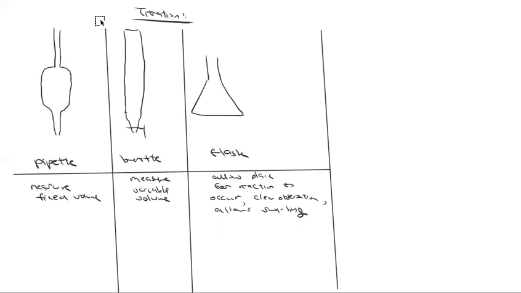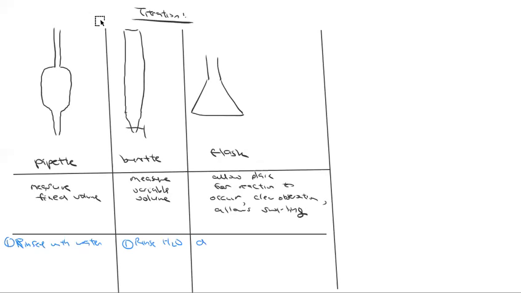Note that as far as your preparation procedures go, you will always rinse them with water first, all of them. I'll write it out on the flask, and I'll just write water for the others. So rinse with distilled, deionized water.